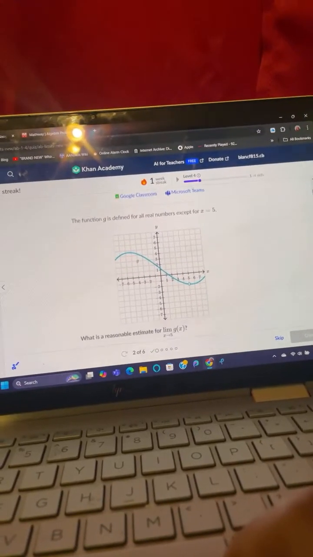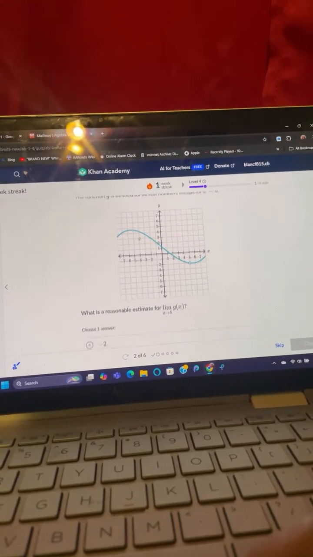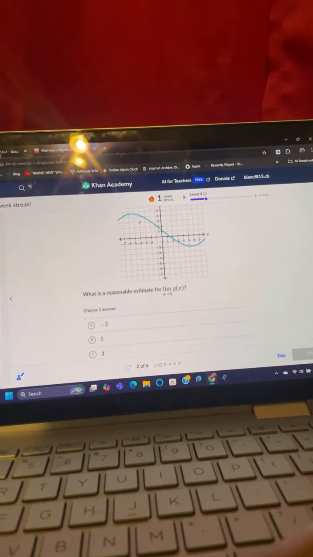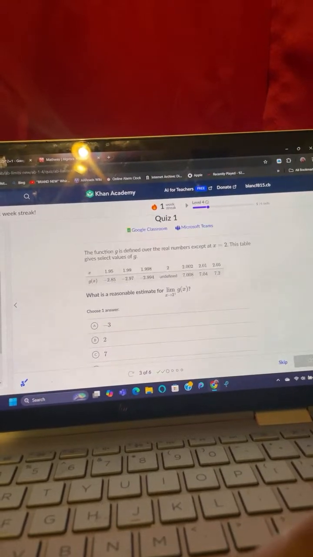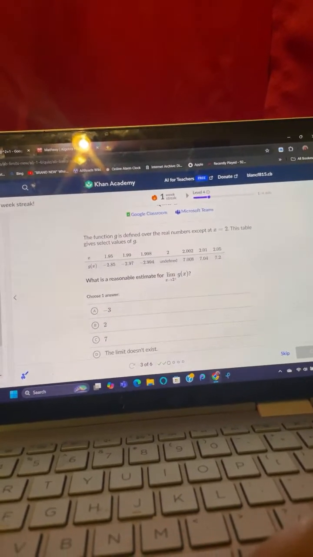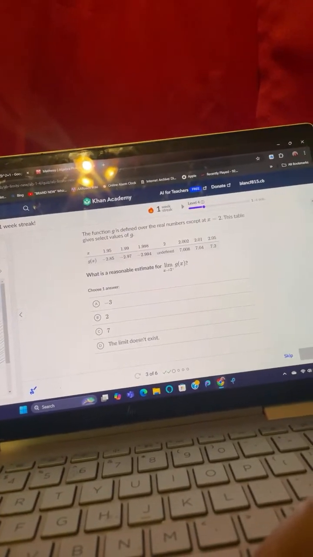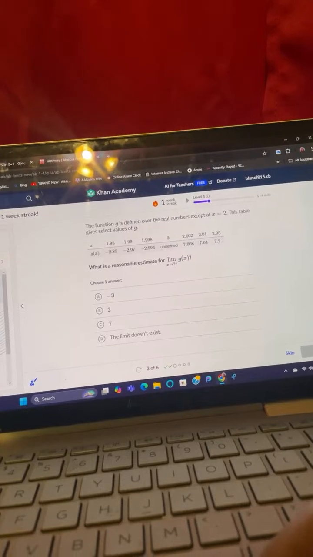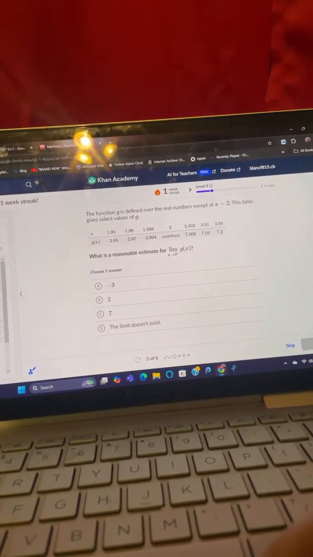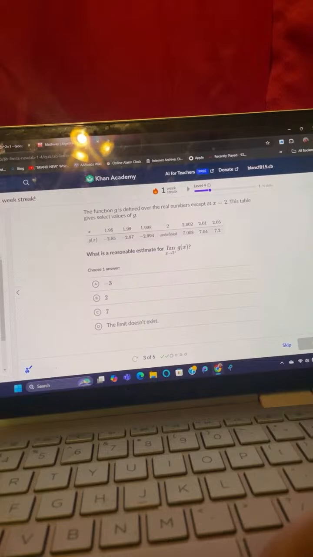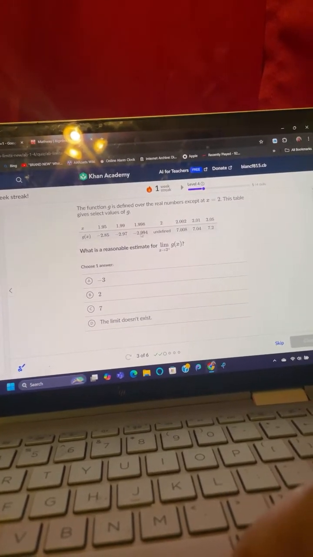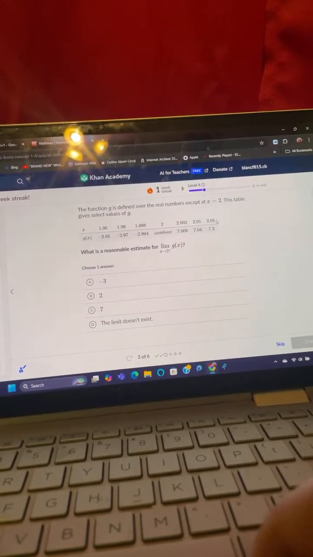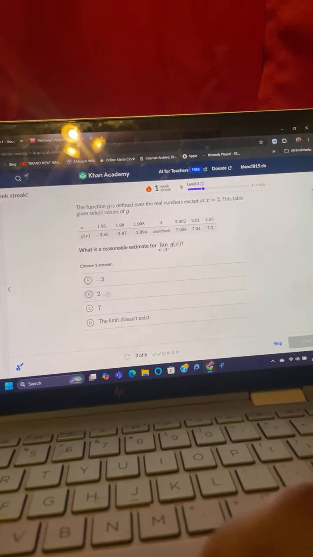Function g is defined for all real numbers except for x equals 2. This gives select values of g. Which is a reasonable estimate for the right side?